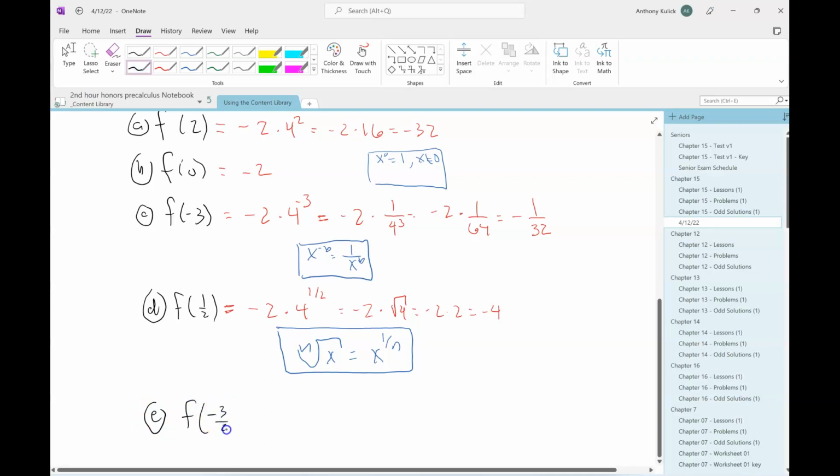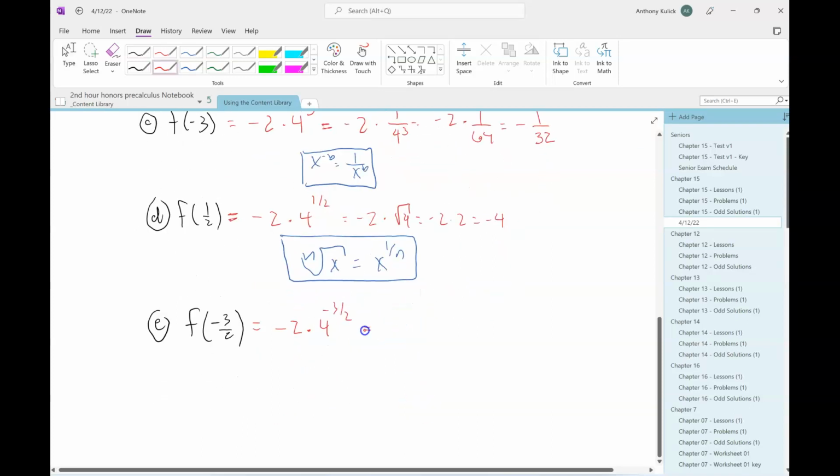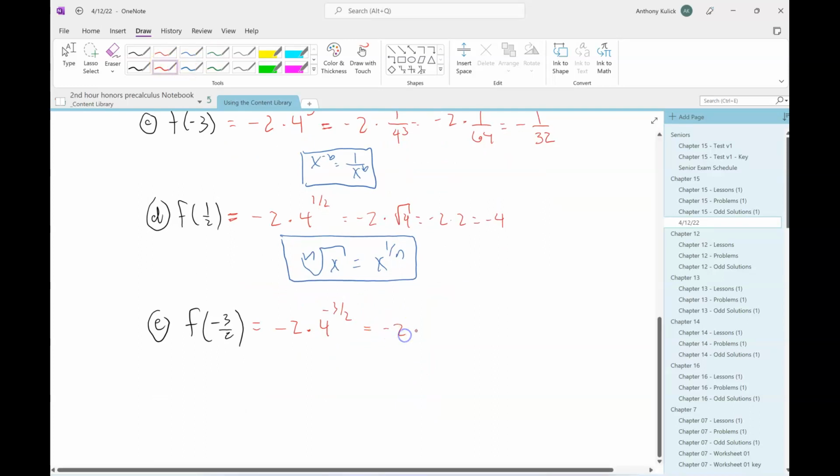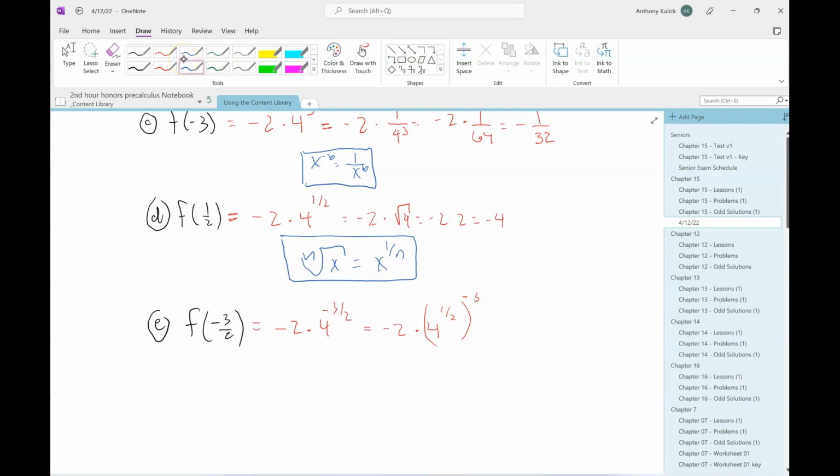say if we have f of negative 3 over 2. So I would encourage you guys to think about this as that, since negative 3 times a half is the same thing as negative 3 over 2.